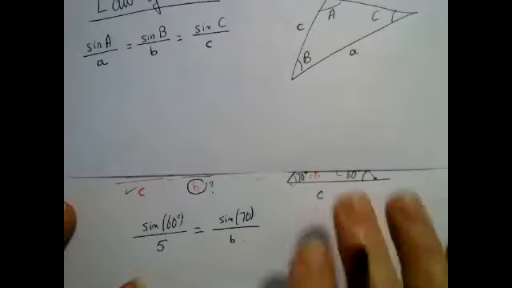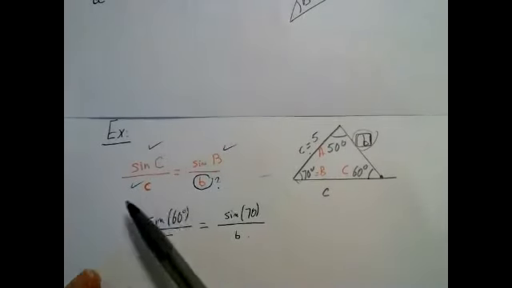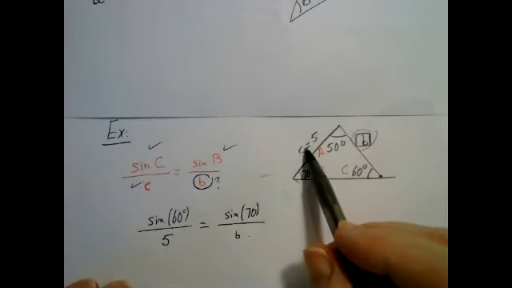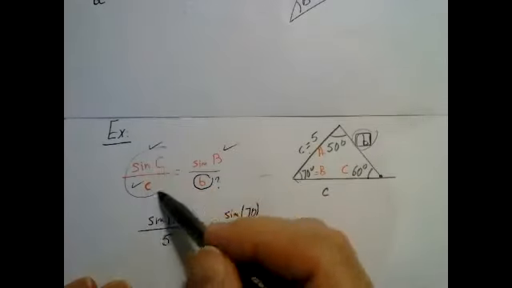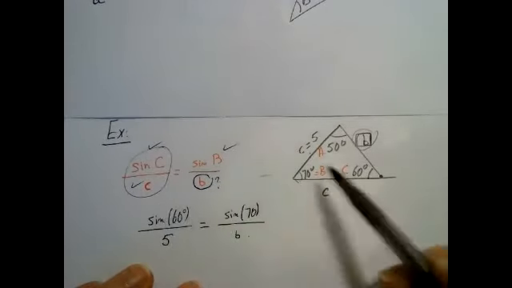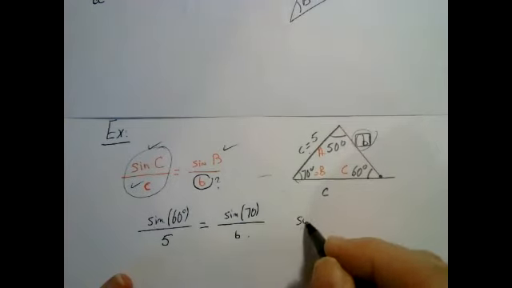And now I need to solve for b. So that's really how it works. The law of sines, if I know an angle and the side opposite to it, will help me find one ratio. If I know that, I can use it to find the other ones. All right, so the question is how to solve for b.